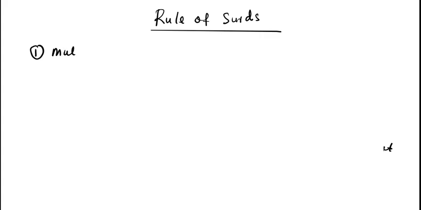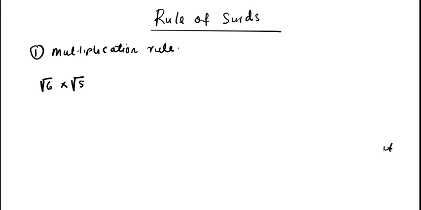Rules of surds. Now, the first one, we have the multiplication rule. Now, let's assume we have square root of 6 multiplied by square root of 5.